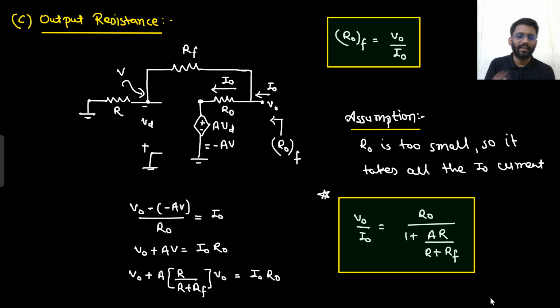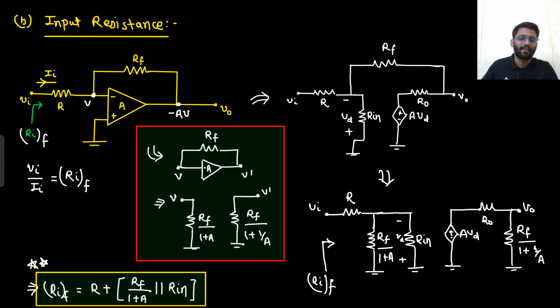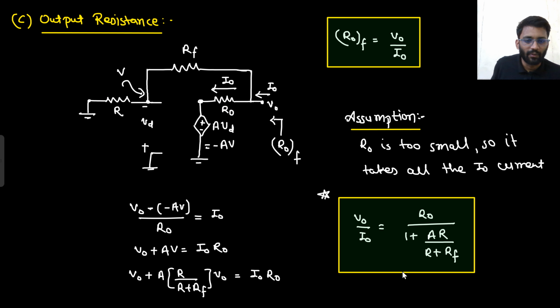So R naught is not that important, but the important part is this Rin. So in Rin, we smartly apply the Miller's theorem and reduce our calculation. And in R naught also, the assumption is that the complete current is flowing through R naught only. So V naught plus AV divided by R naught is equal to I naught. So I just need to replace the V, and V I can replace very easily because Rin I am considering to be very large.